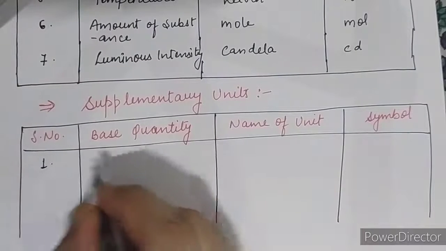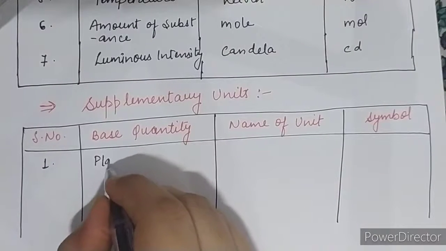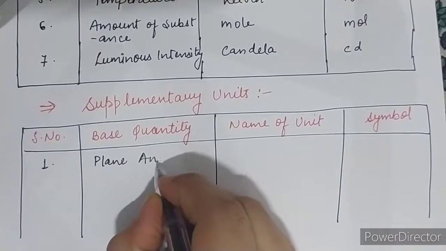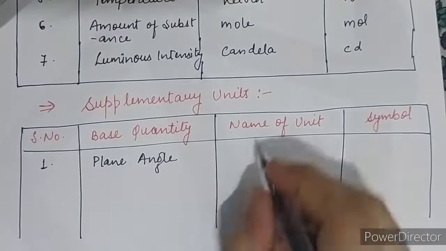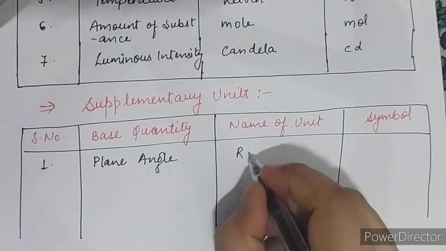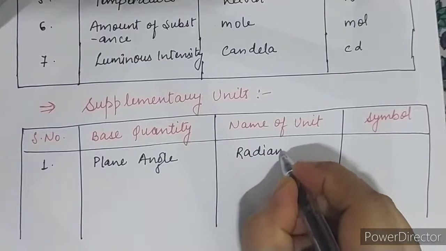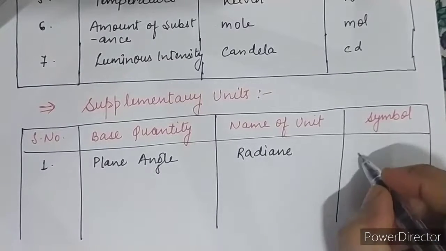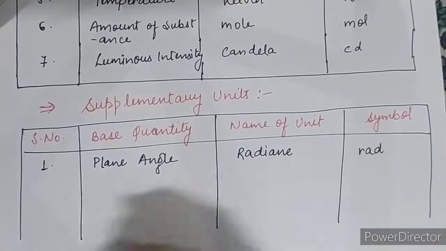The first supplementary unit is the plane angle, and the unit of the plane angle is radian, denoted by RAD.